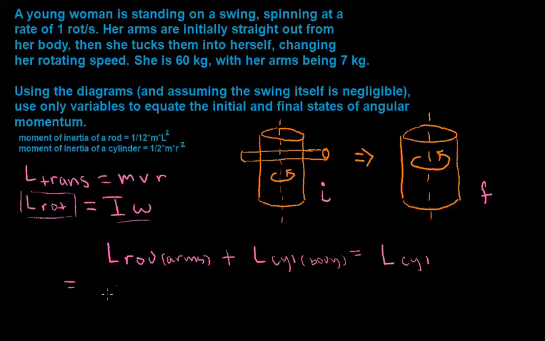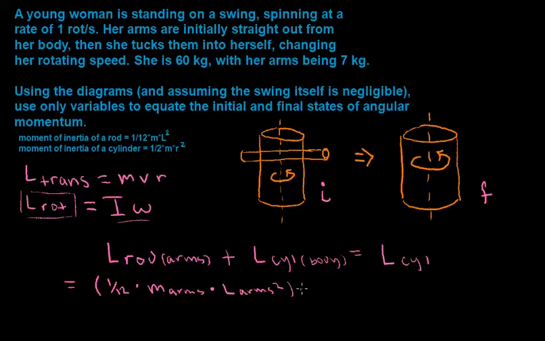So these are going to be the angular momentum of a rod, which will be the moment of inertia of a rod, which is 1/12 times the mass of her arms times the length of her arms squared.